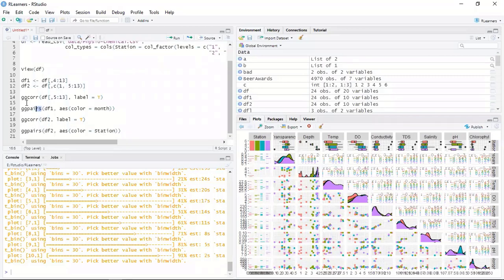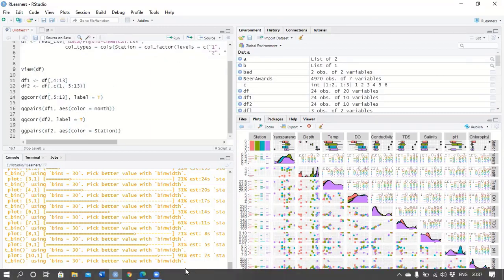These are the only two functions, ggcorr and ggpairs, found in that package called GGally. So that is it for today. That's all I wanted us to do today. Just try practicing with it, and if you come up with any issues, we are going to solve them.